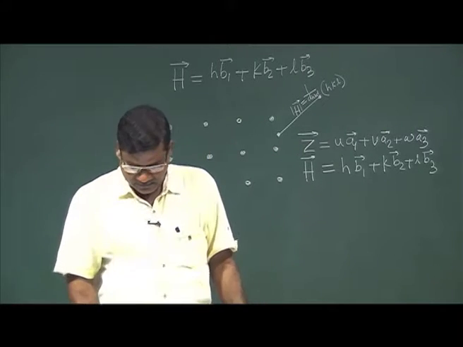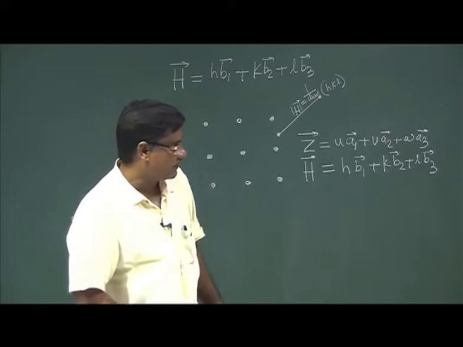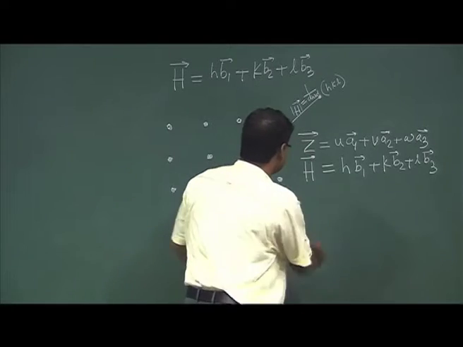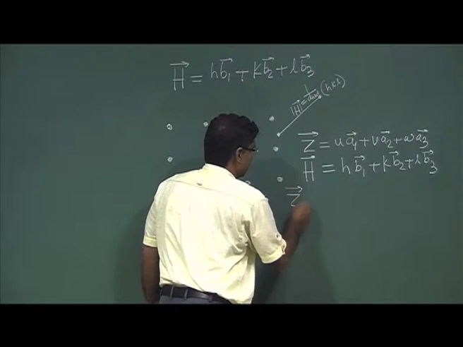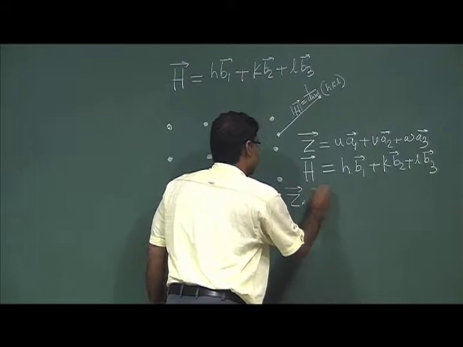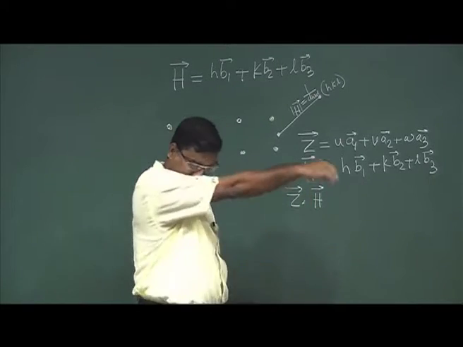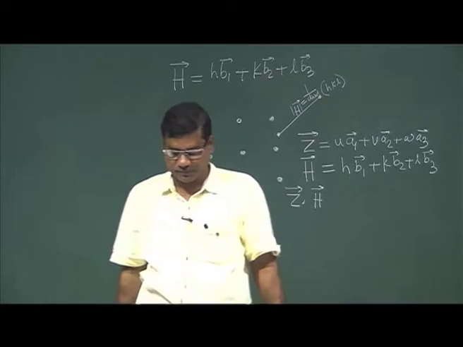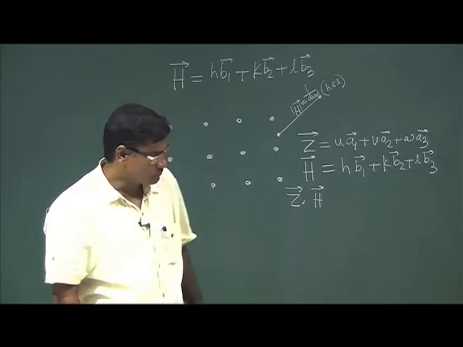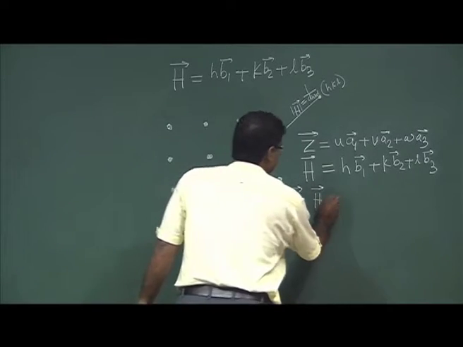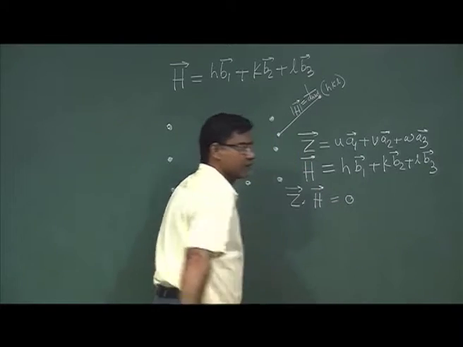Now, if they are perpendicular to each other, then Z dot H should be 0, right.